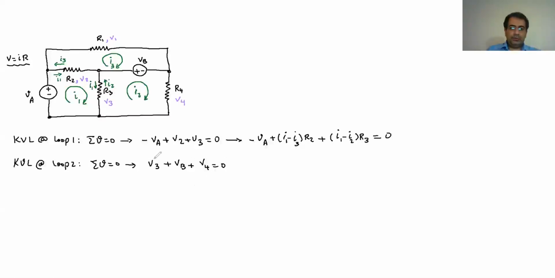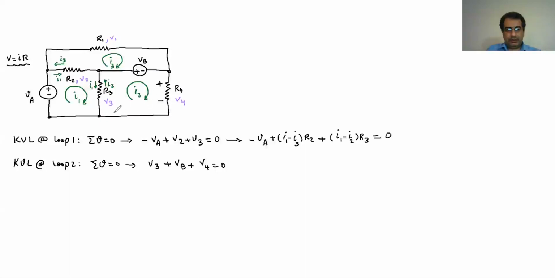And why do I consider V3 and V4 positive? Again, I said that when we move through the resistance, the current always goes from positive to negative in the resistance. So if I assume the current goes this way, this should be positive, this should be negative.